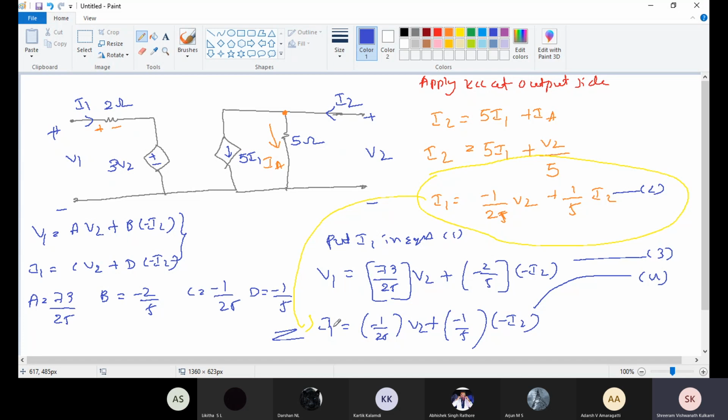Now we'll solve one more example on ABCD parameters.